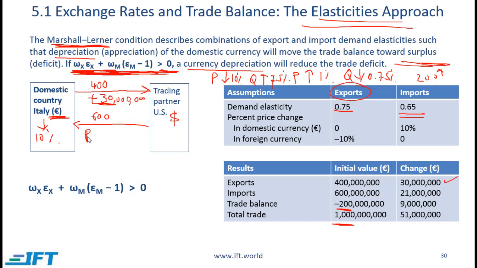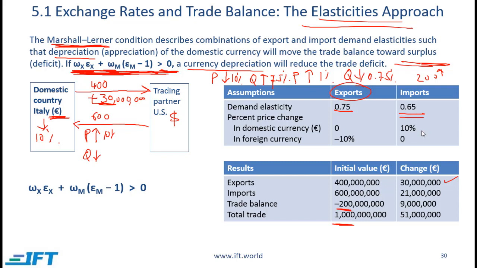The price is up by 10%. In euro terms, the price is up by 10%, and the quantity will be down. Now, by how much does the quantity reduce? Given that the elasticity of imports is 0.65, this means that if the price goes up by 1%, the quantity will come down by 0.65%.